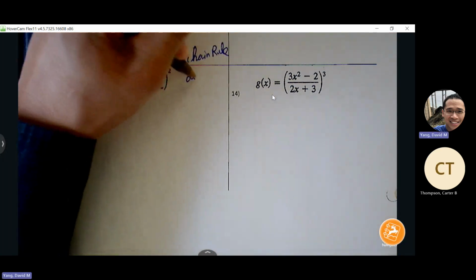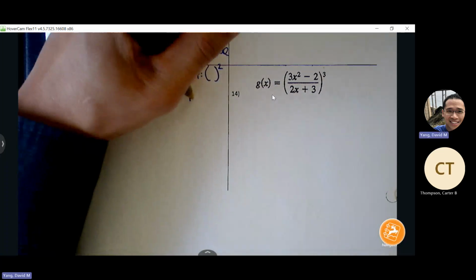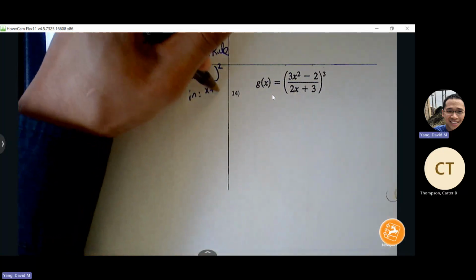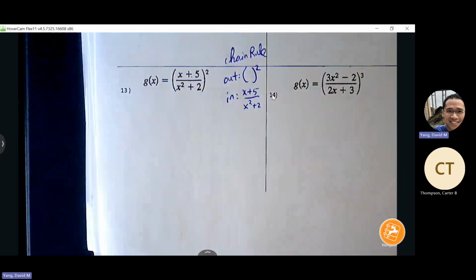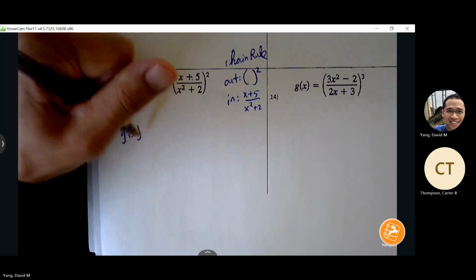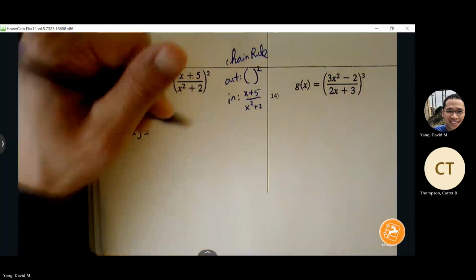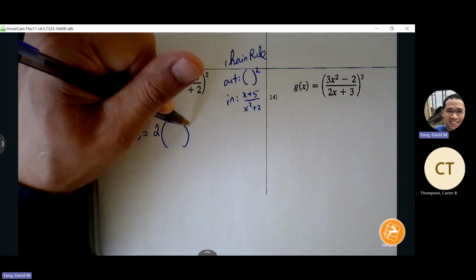What's the outside portion? And the inside portion is whatever you see inside, right? So outside first. What's the outside's derivative? To the first power, right?